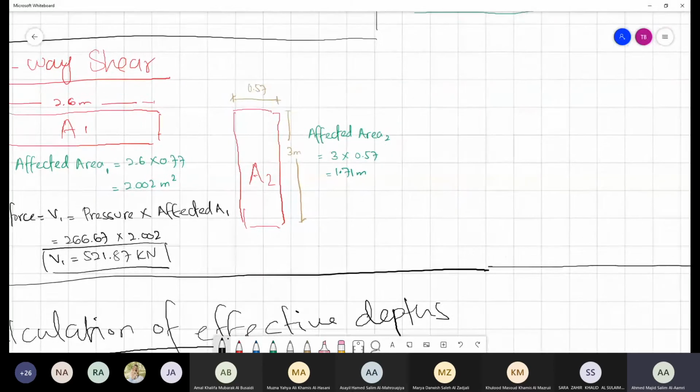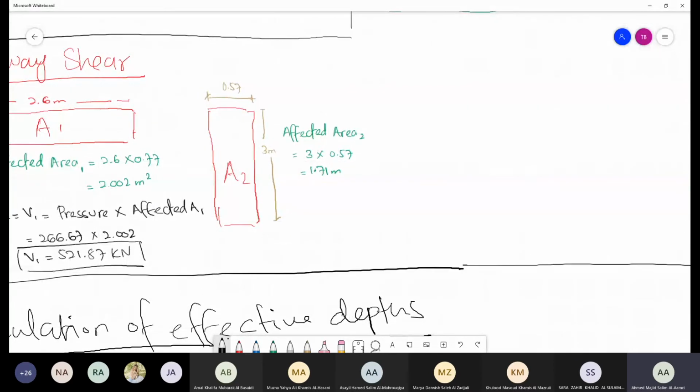What about the shear force number 2? What about V2? V2 is going to be equal to pressure multiplied by your affected area number 2, which is going to be 266.67 multiplied by your area, which is 1.71.